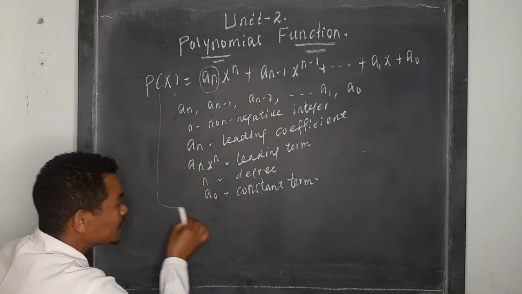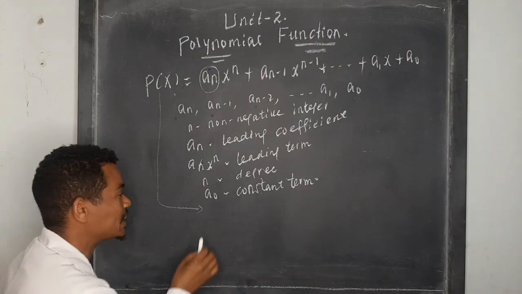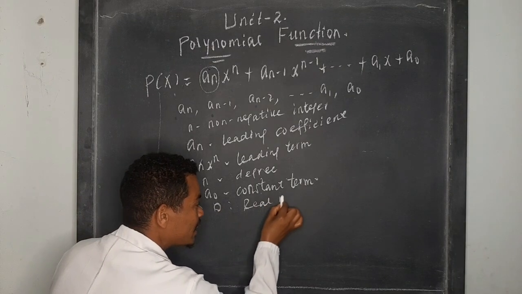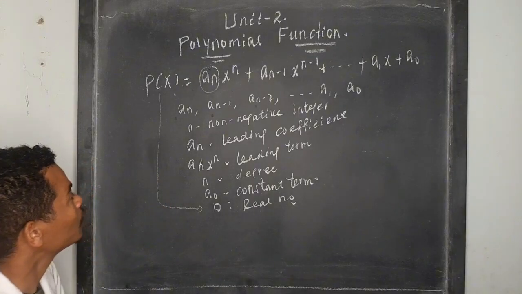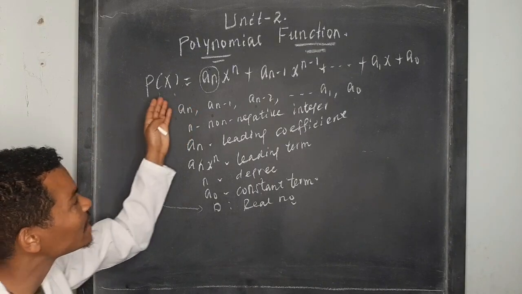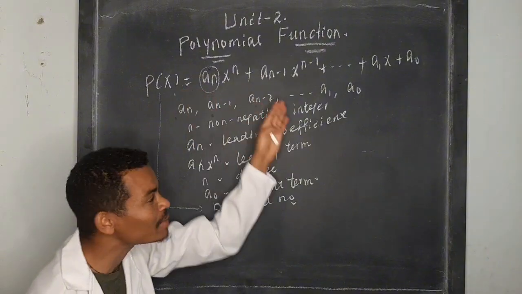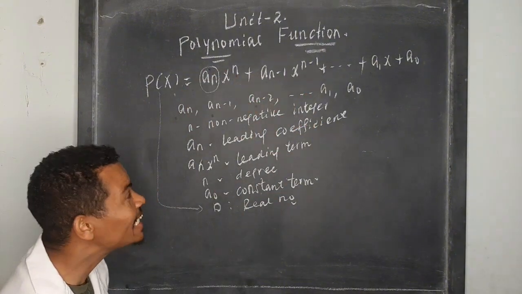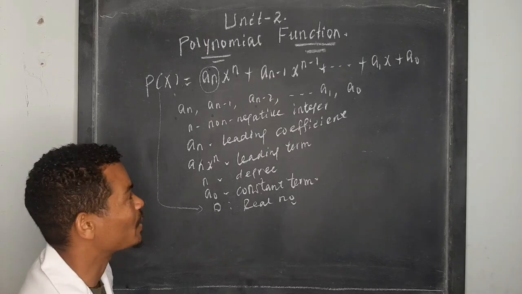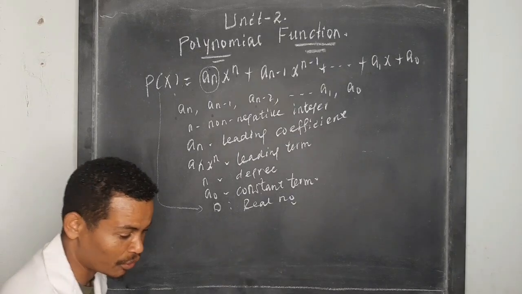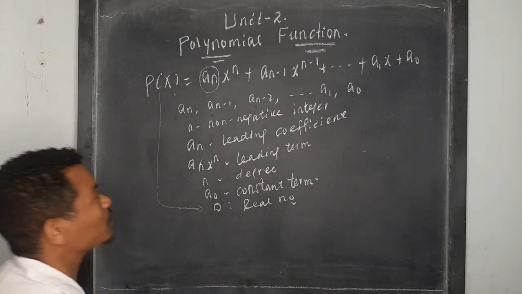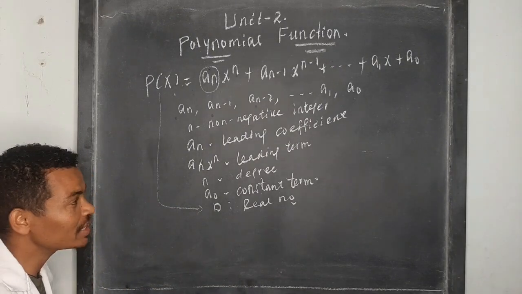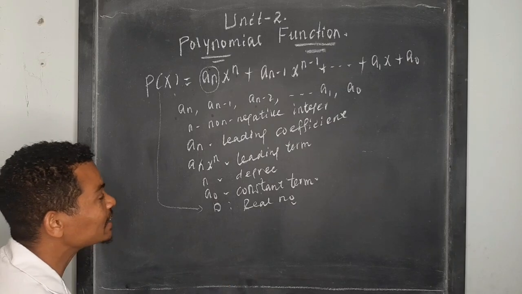other one is that the domain of a polynomial function is the real numbers. So to identify whether the given function is a polynomial function, the domain must be the real numbers, and the exponents must be non-negative. Based on this information, let's do an exercise on whether the given function is a polynomial function or not, and if it is, how we find the leading coefficient, leading term, constant term and degree.